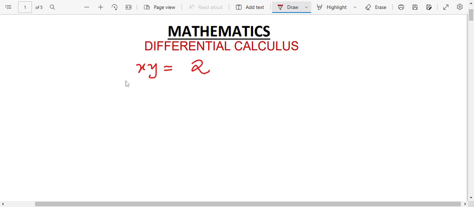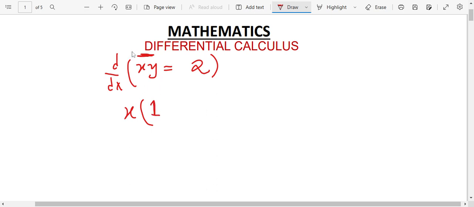So to find the derivative of such a question, I'll just put d over dx, and then everything I'll put in brackets. Now here you can see you have got a product of two functions. So what you do is use the product rule. First maintain x, differentiate y. If I differentiate y, I'm going to get 1.